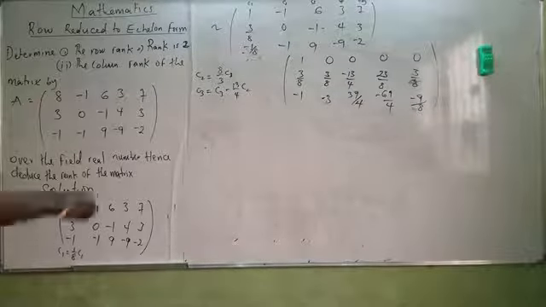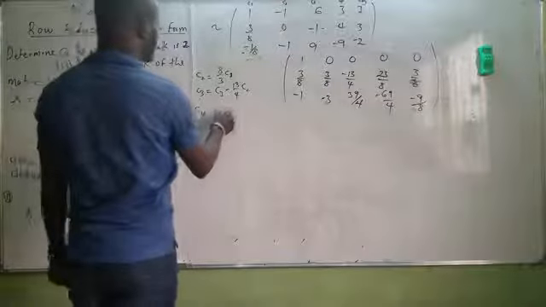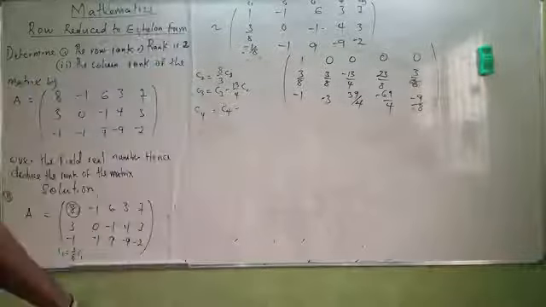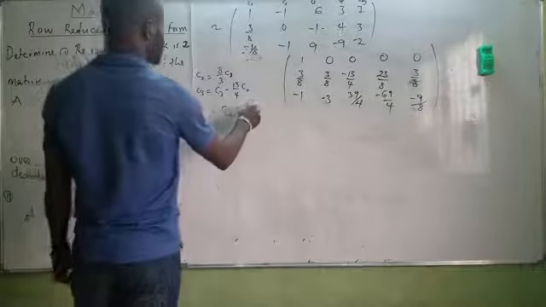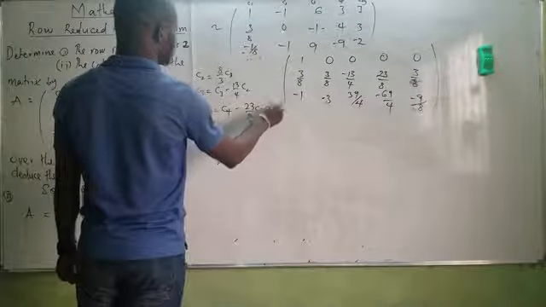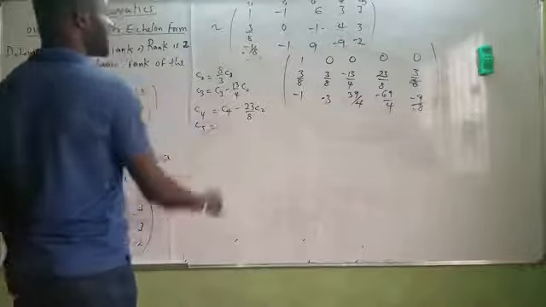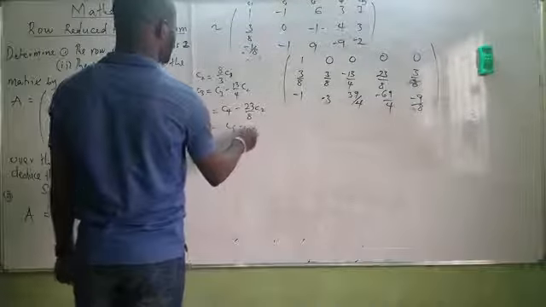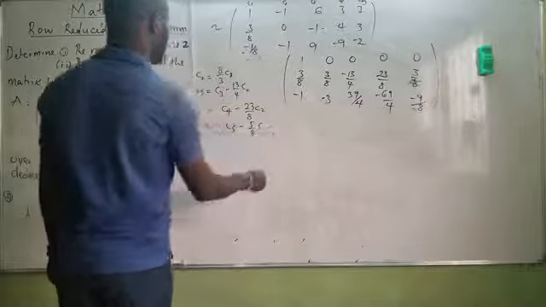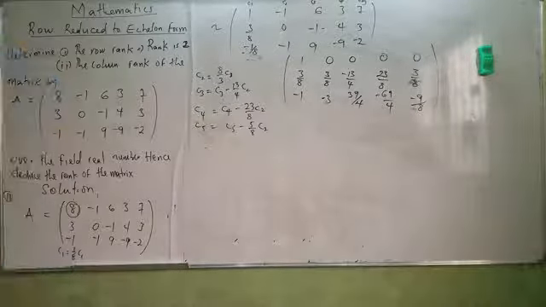My row 4 will be equal to row 4 minus 23 all over 8 row 2, and row 5 will be equal to row 5 minus 5 all over 8 row 2.